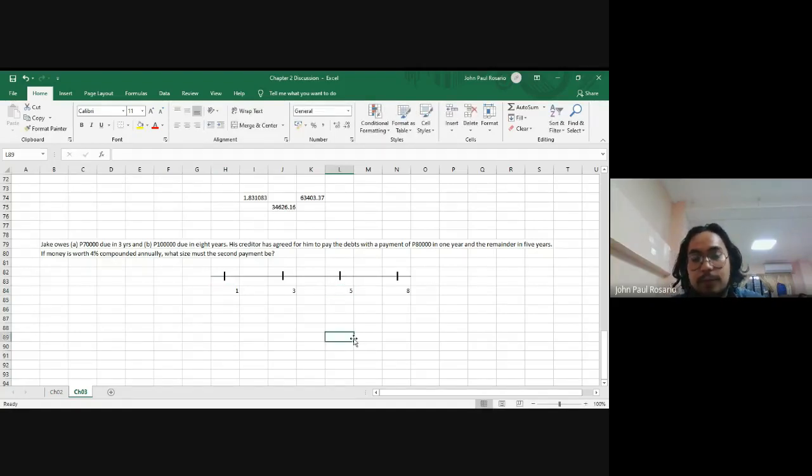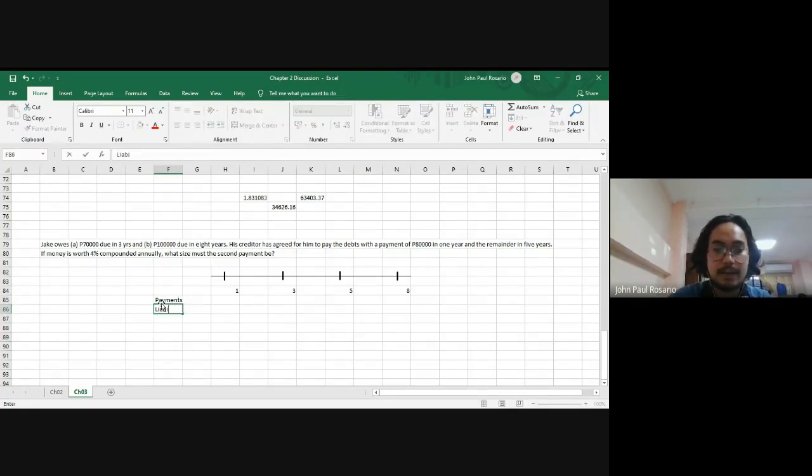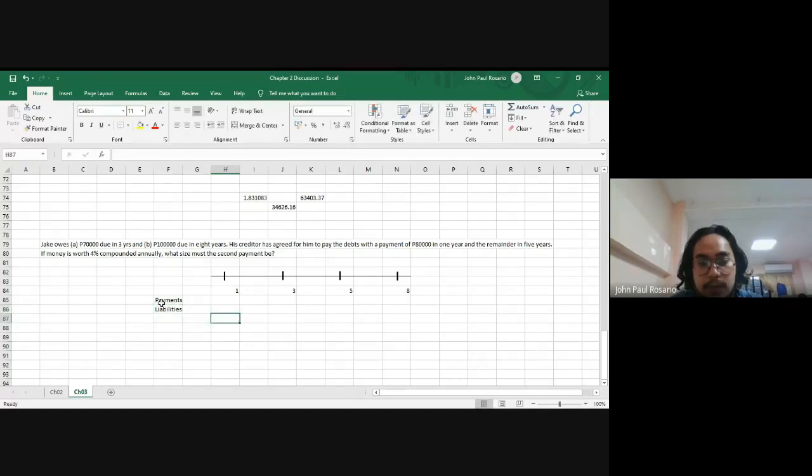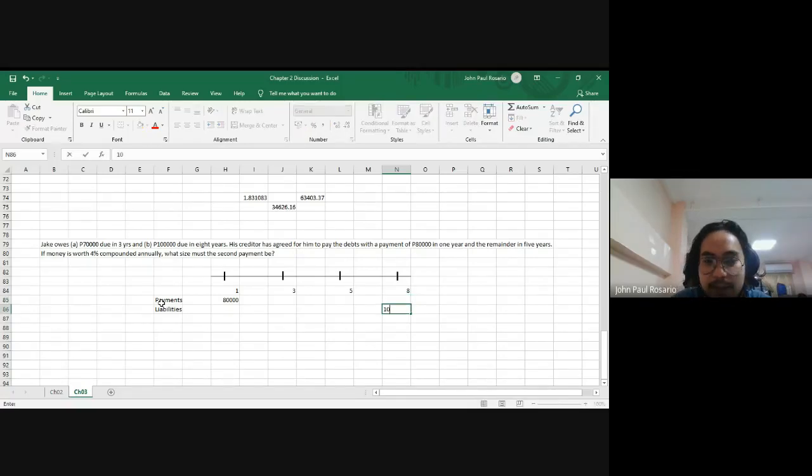Now, to differentiate, guys, I'll label payment and then liability. For our payments, we have 80,000 as a payment, and then we have liabilities of 100,000 and 70,000.